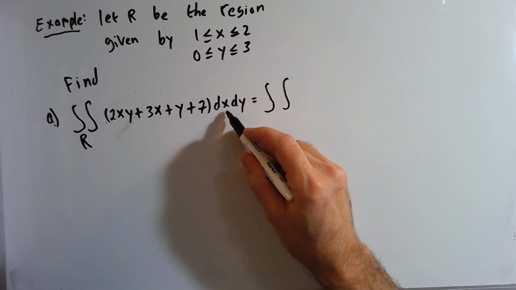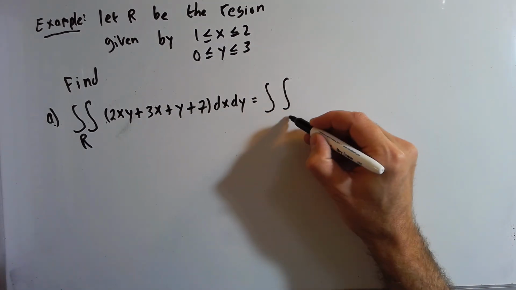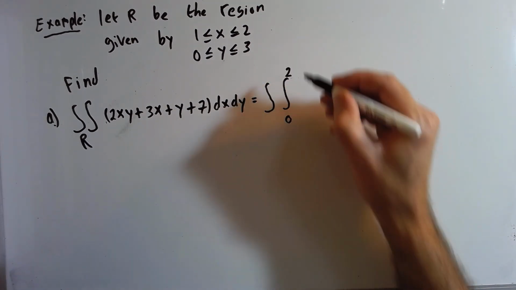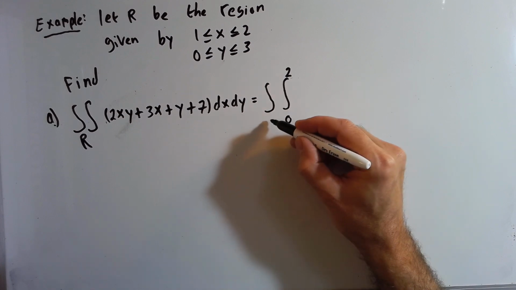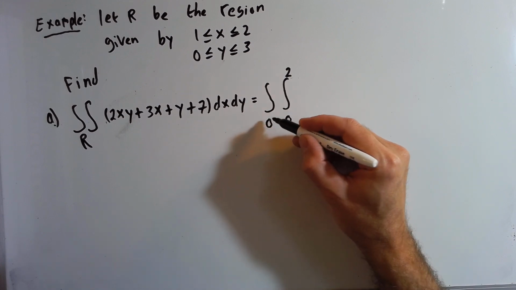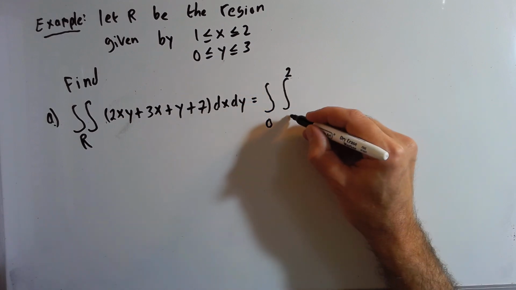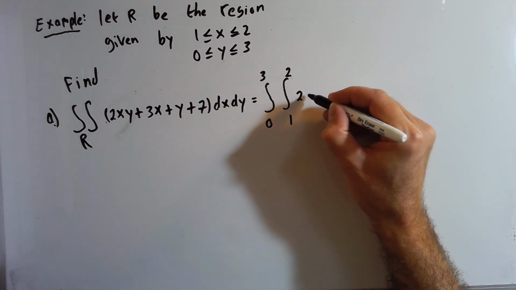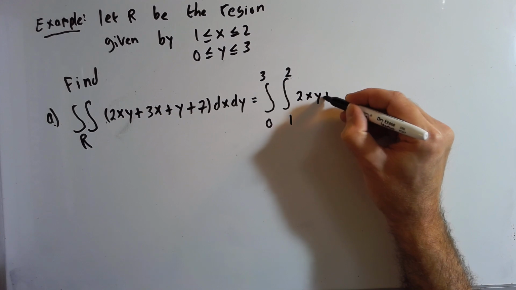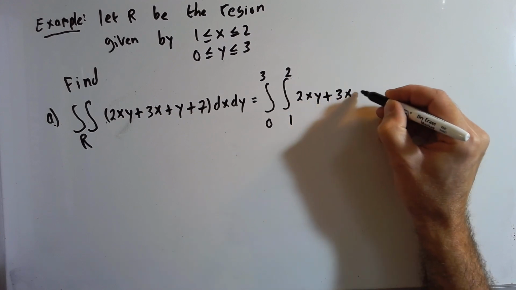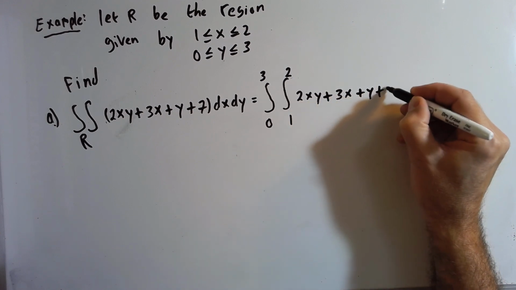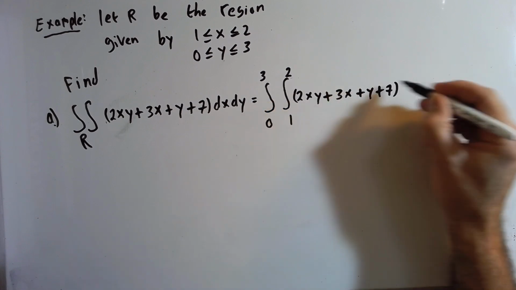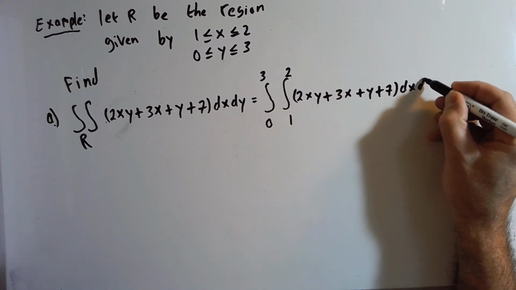We're doing x first, so, sorry, this is 1 to 2, and y is 0 to 3. It'll be our 2xy plus 3x plus y plus 7, dx dy.